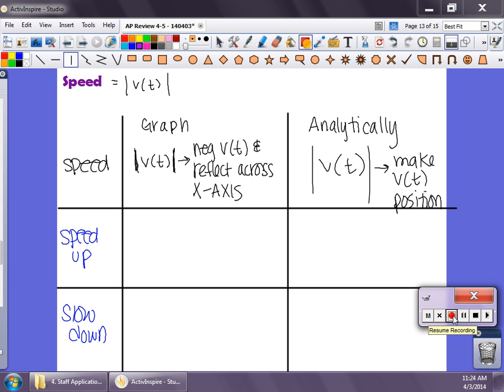Speeding up, Ty, graphically. How do I know if it's speeding up? What's it? Of what function? You sure? I can't use the position function? So, okay. So I want to use the position function, and how do I look at it then? Definition is? So if the position function goes away from the x-axis, it is?